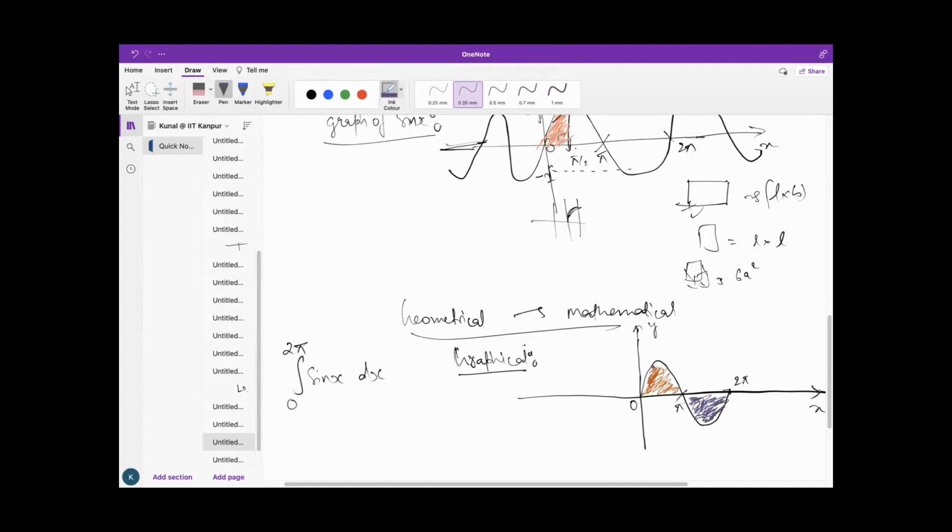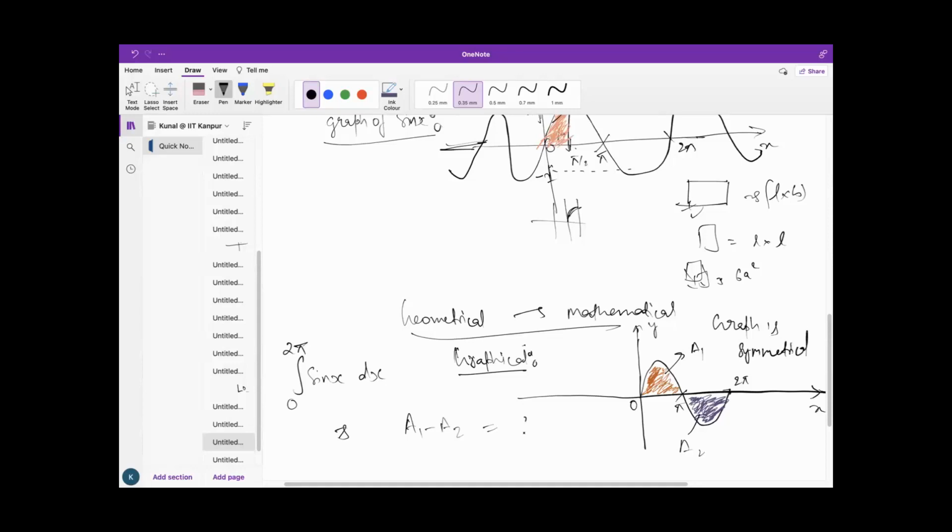So we know that the integral value will be the algebraic summation of area. Let us suppose this area is A1 and this area is A2, so graphically A1 minus A2, and both are the same, the graph is symmetrical.